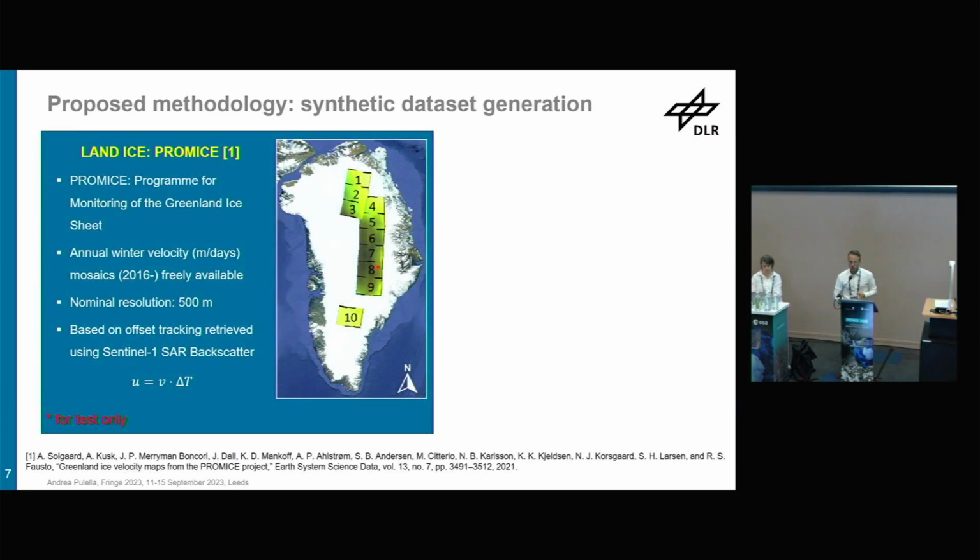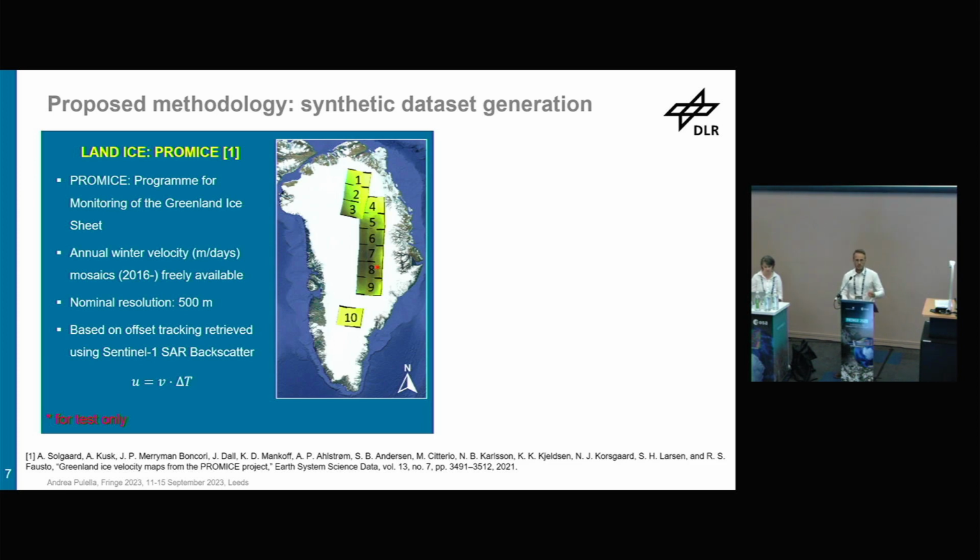I want to show you first how a synthetic dataset can be generated, because we first have to do a training. To do it properly, we decided to take as input the deformation retrieved within the PROMICE program. This is a freely available dataset.